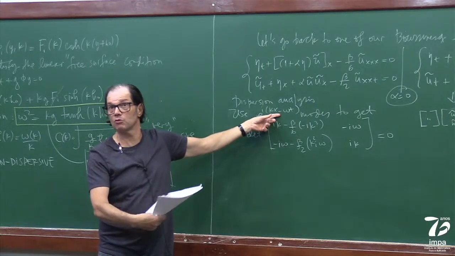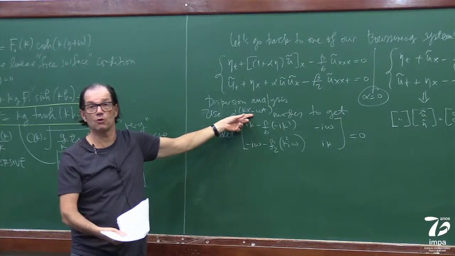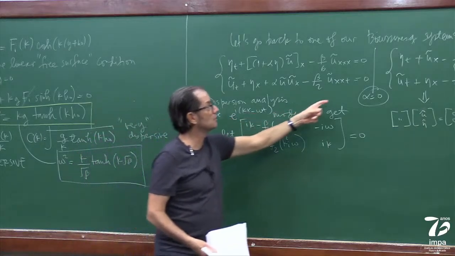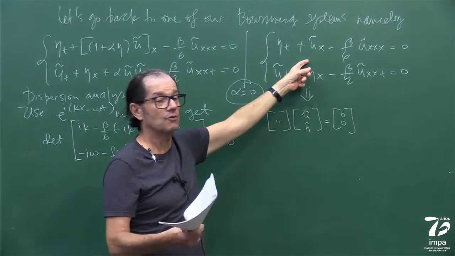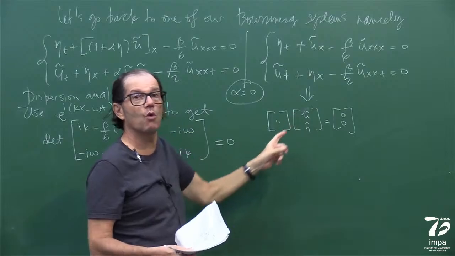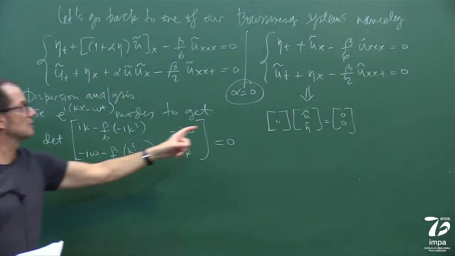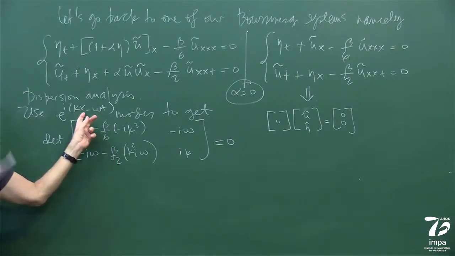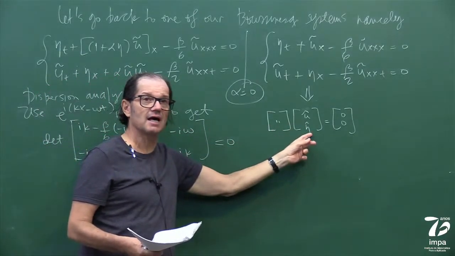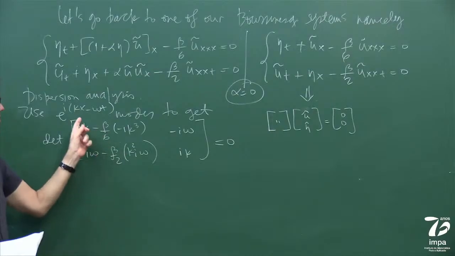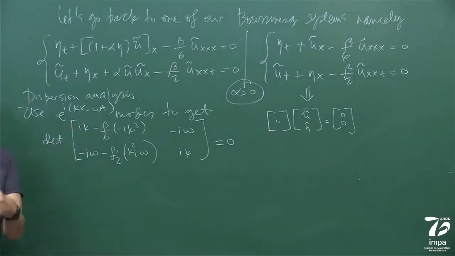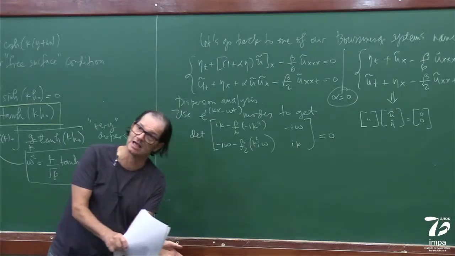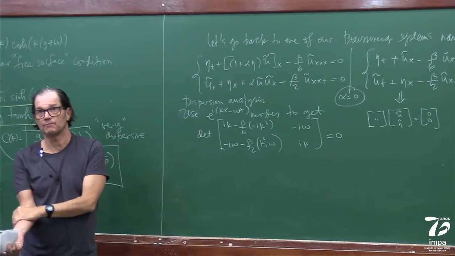The generic mode will tell me a lot about how things work. Plug this into here. Now remember that I have to plug in one of these modes: it's going to be u hat times this, and the other mode is going to be eta hat times this, which means the amplitude of the speed and the amplitude of the wave elevation.